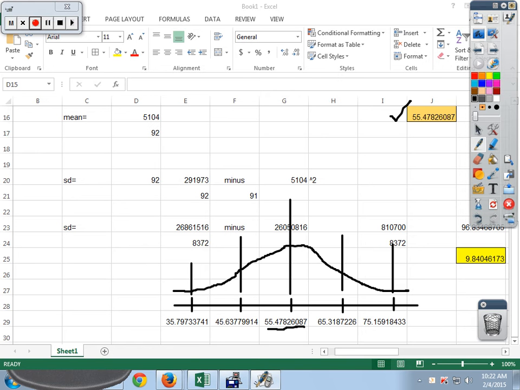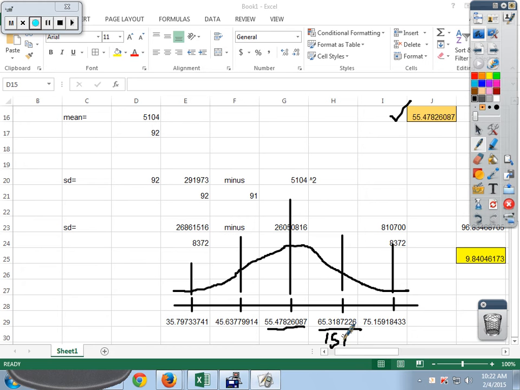Take the calculator, take 55.478 and add 9.840. What do you get? You get 65.31, which is this number right here. And that's one standard deviation.